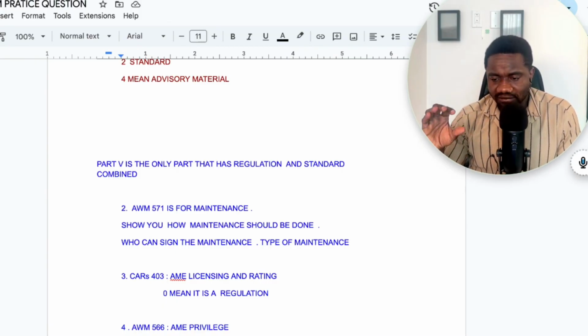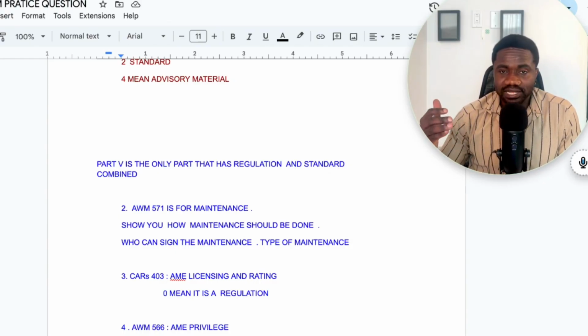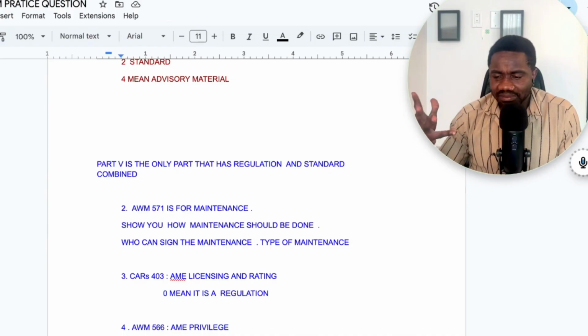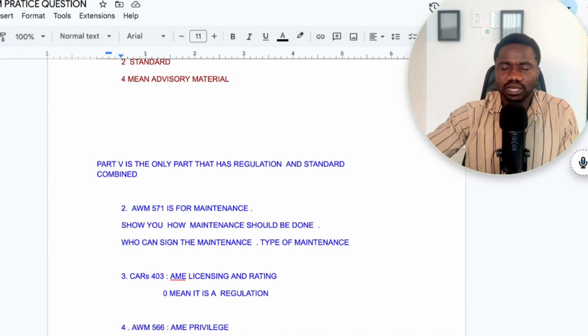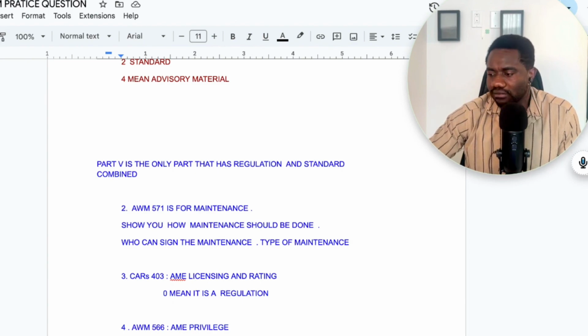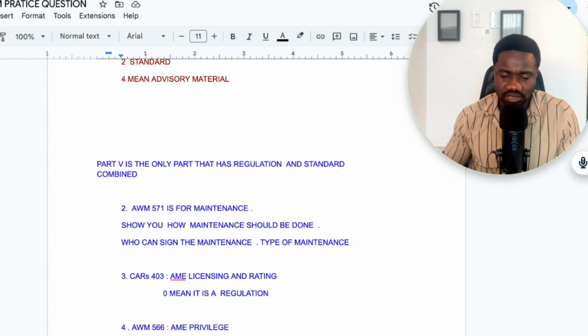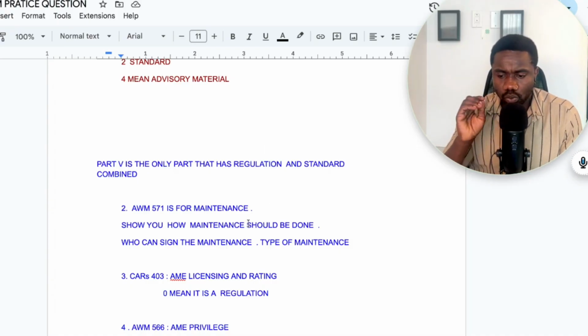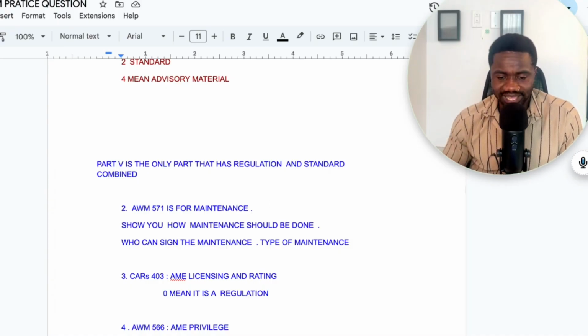You just got to understand 403 is where you can find the AME licensing and rating. And what do they mean by AME licensing and rating, right? So there are different categories in AME license. You have the M1, you have the M2, you have your E license, you have the S license. Those are all considered AME licenses, right? And that is where you can find that information.